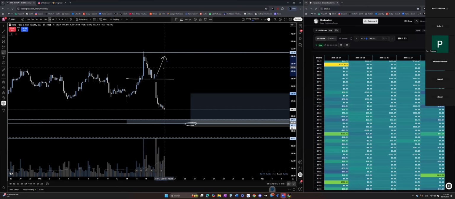That didn't work out. The idea instead is, because price was delivered from it, if we didn't enter here at the rejection of the 65 king node, just look for the next play. Just look for the next play, because the probability of us going back here, because this node has already been absorbed, is much, much less.